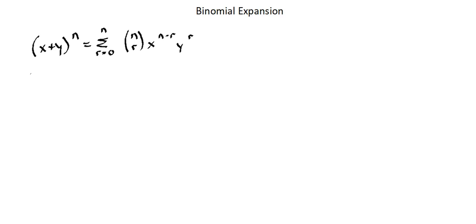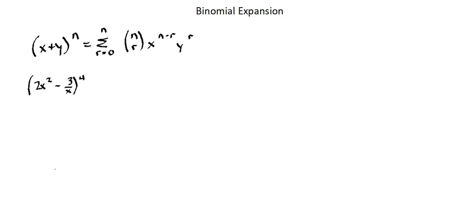Now let's apply the binomial theorem to the binomial (2x squared minus 3 over x) to the power of 4.